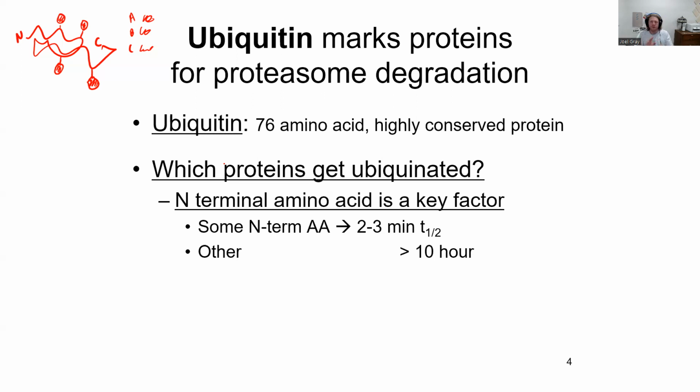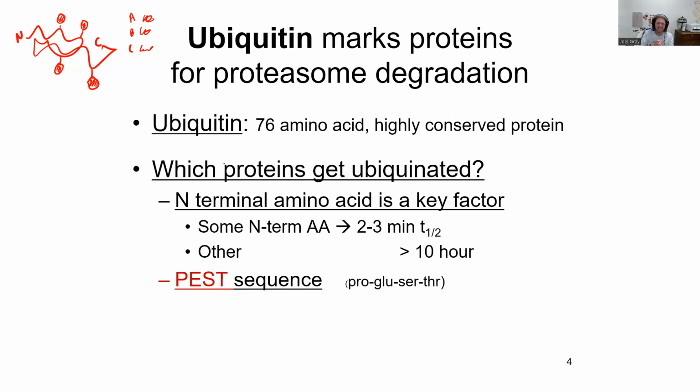If you compare certain proteins and terminal sequences, there are some that are correlated with a protein that's degraded very rapidly. And then there are others that are correlated with a protein that stays around for more than 10 hours.